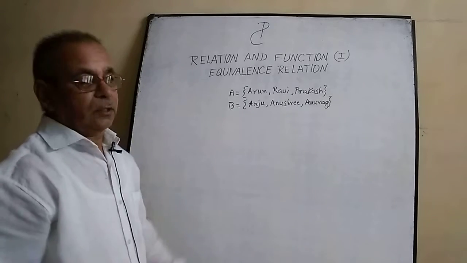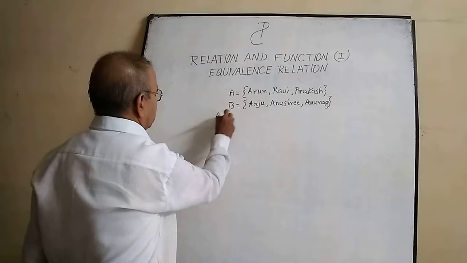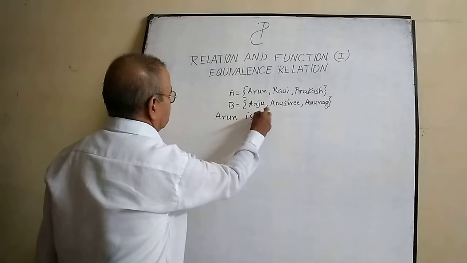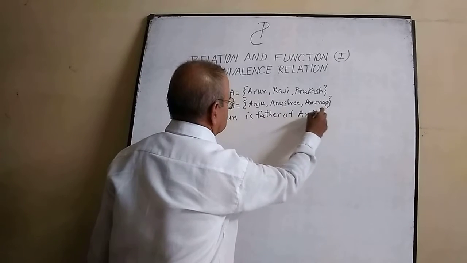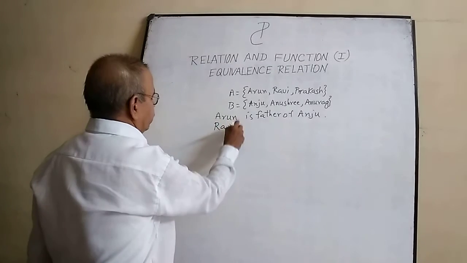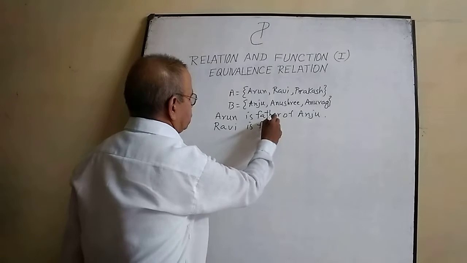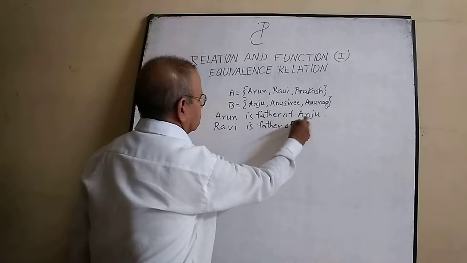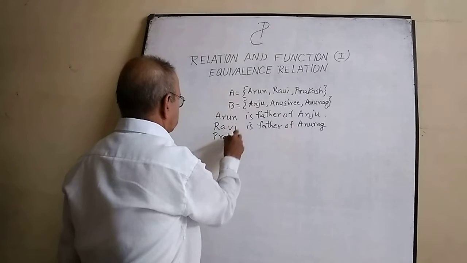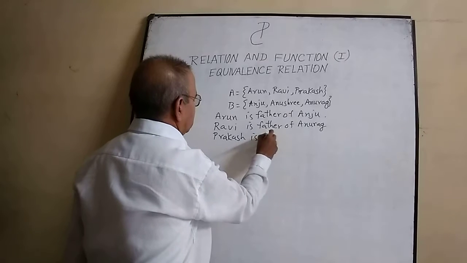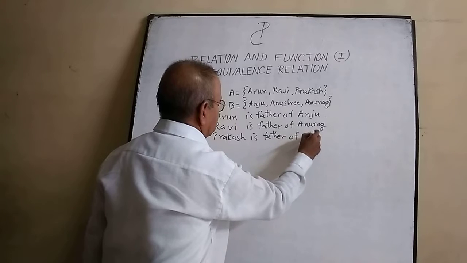If we find a relation between this A and B, we can say that Arun is father of Anju, Ravi is father of Anurag, and Prakash is father of Anushri.